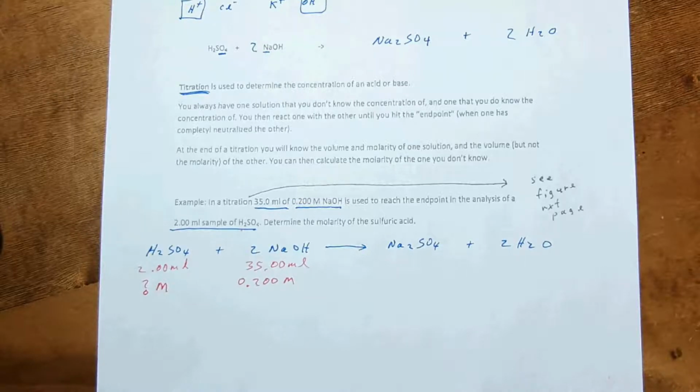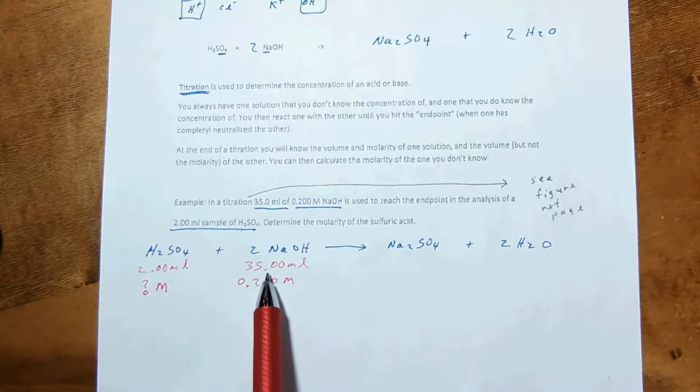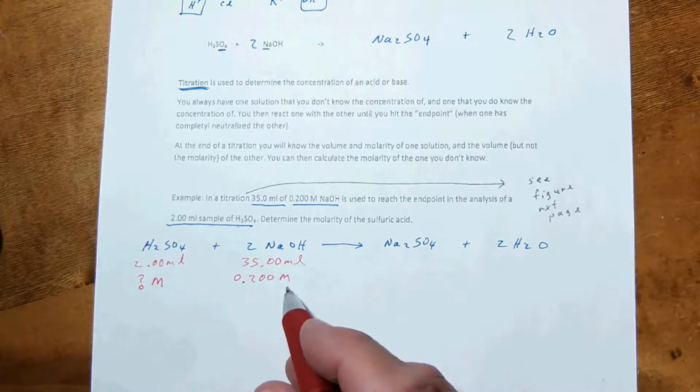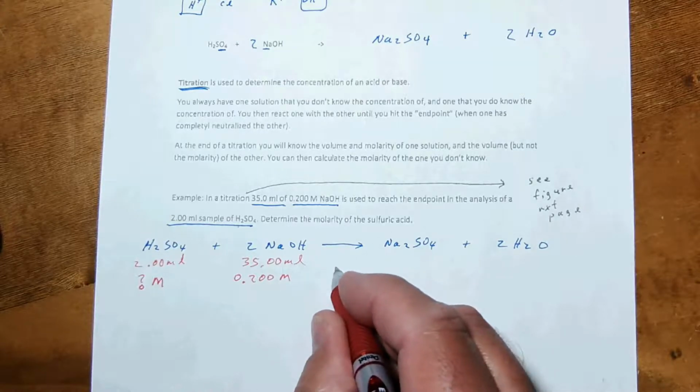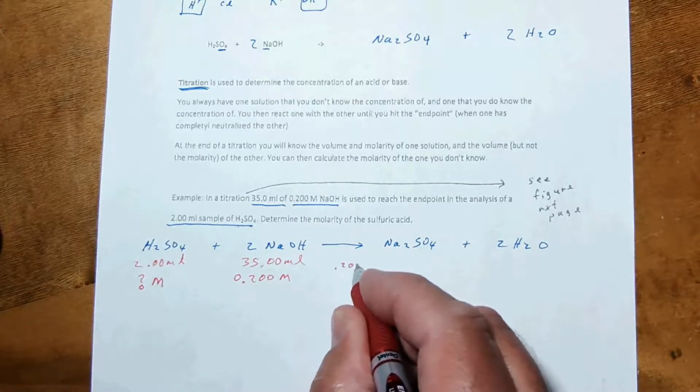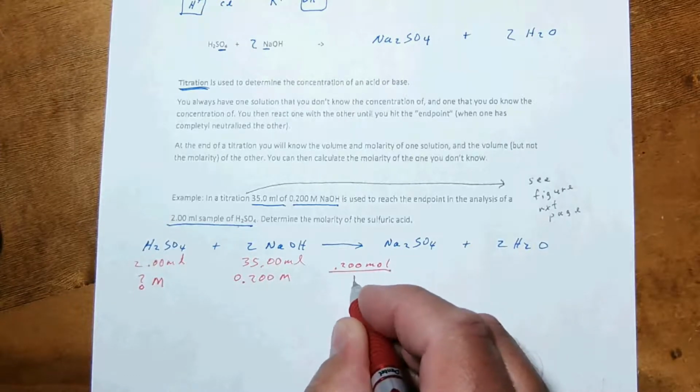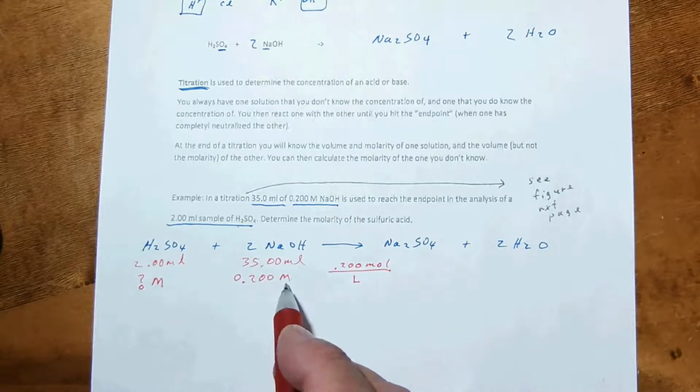What do you do with this stuff? Well, see, you got a volume, you've got a molarity. You can find moles, right? Because you know that 0.200 molar translates to 0.200 moles per liter. That's what that big capital M means.